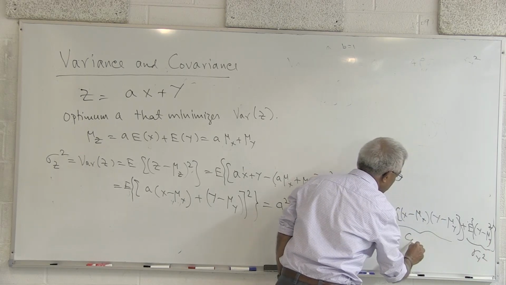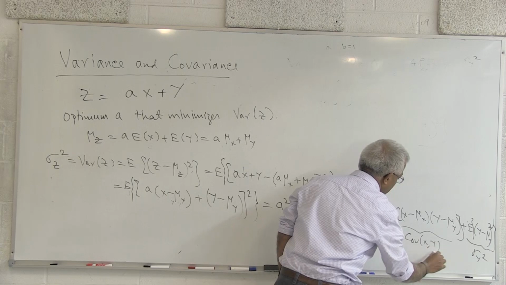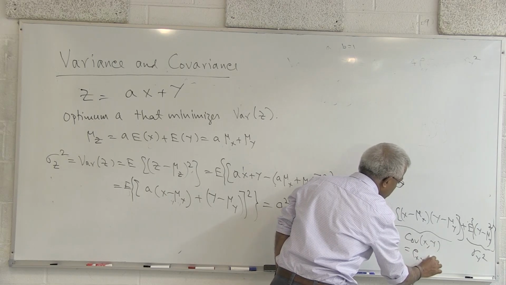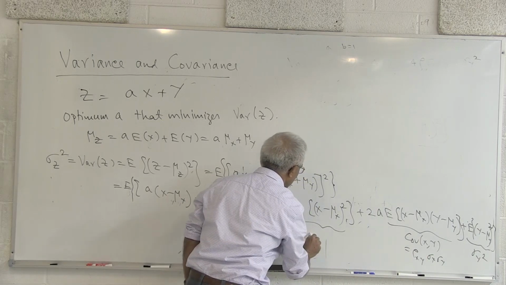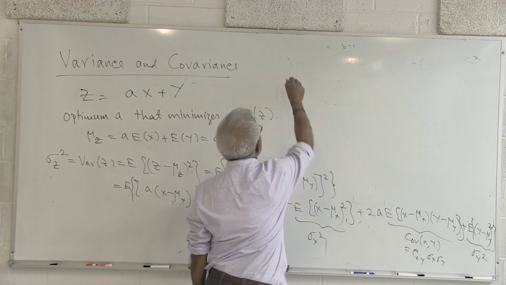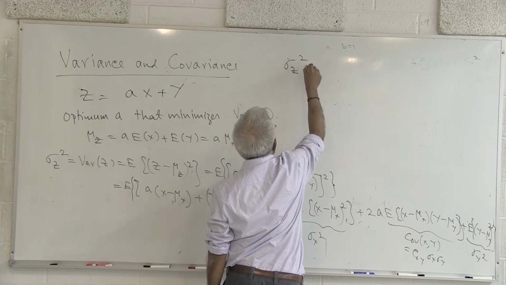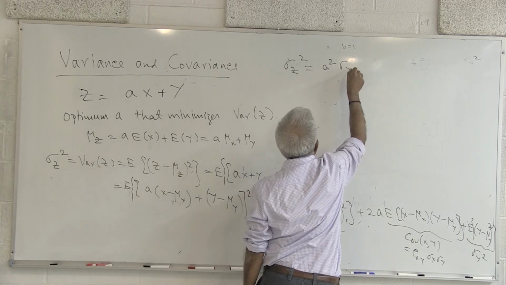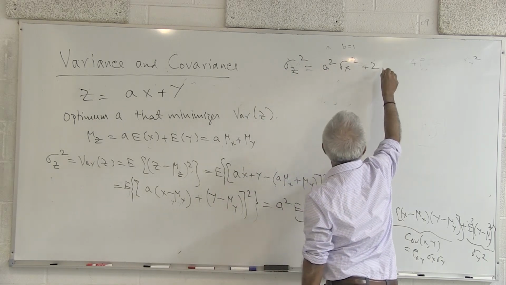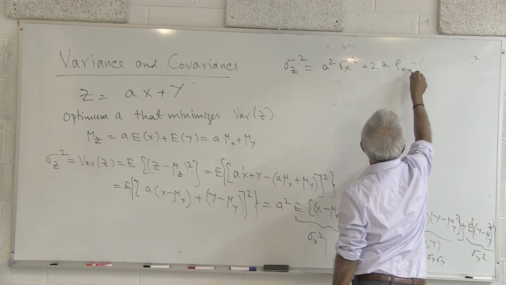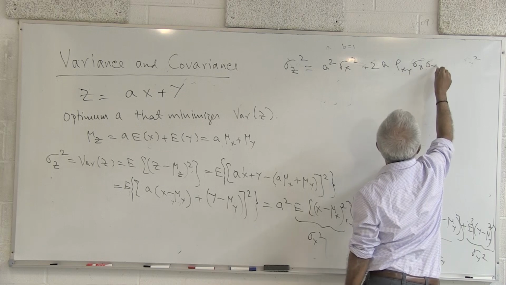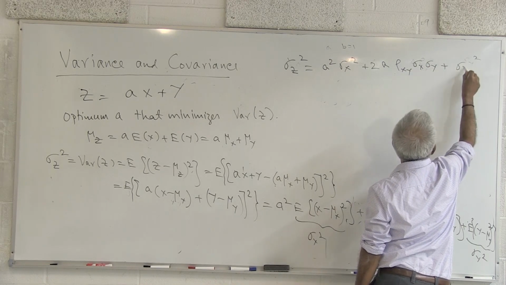This is the covariance of x comma y, which is rho sigma x sigma y. So we get the variance of z to be a squared sigma x squared plus 2a rho xy sigma x sigma y plus sigma y squared.